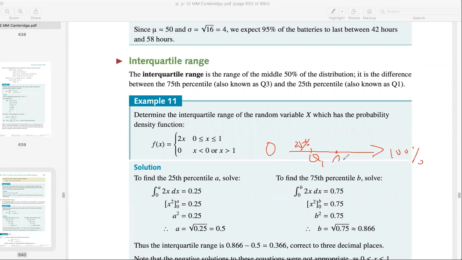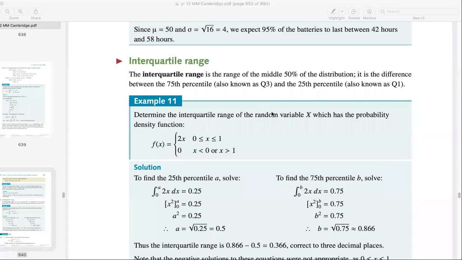My M is over here, overall 50%, and my Q3 is over here, overall 75%.